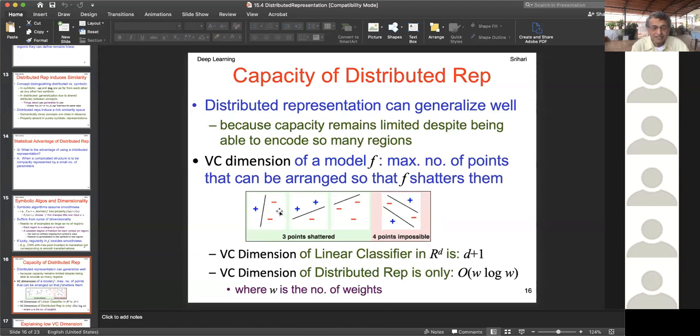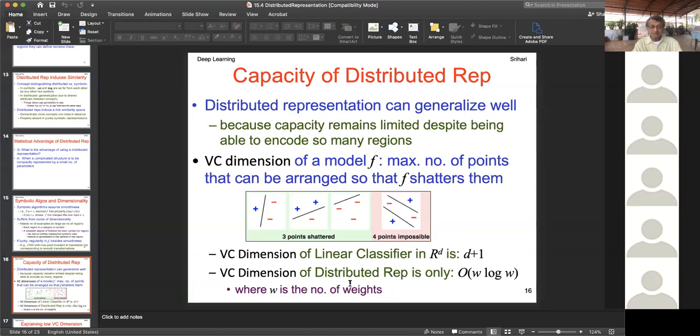In this two-dimensional space, we can shatter 2 plus 1, which is equal to 3 points. So we say the VC dimension of a linear classifier in R^d is d plus 1. That is the capacity of the classifier you're using, limited to d plus 1.